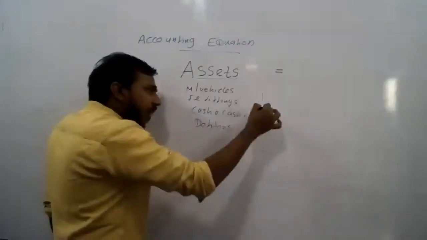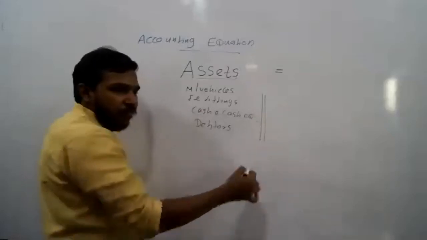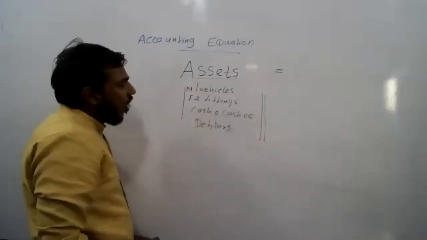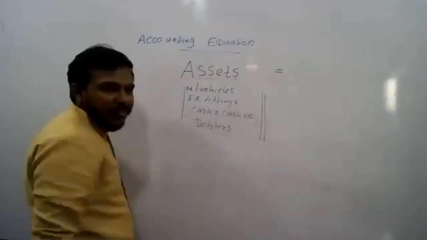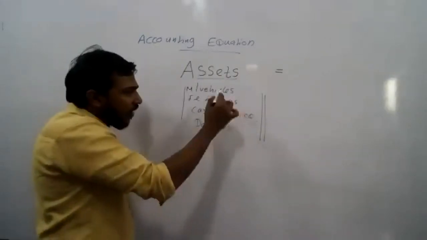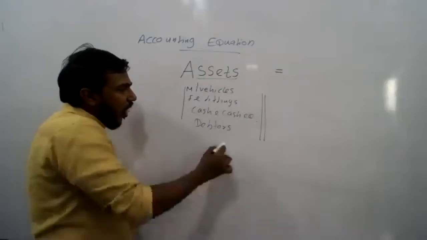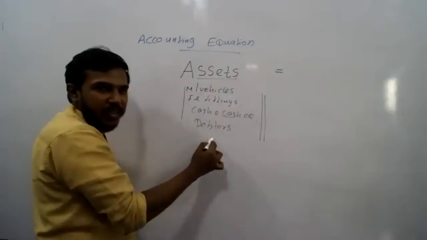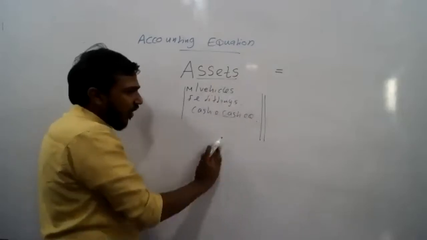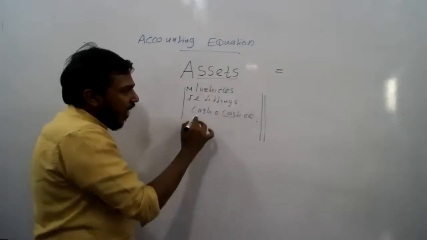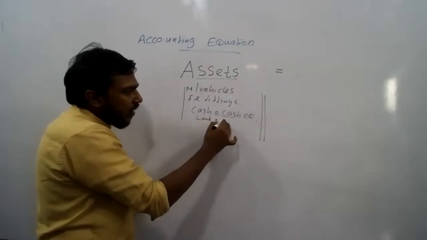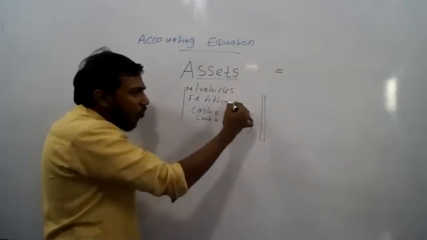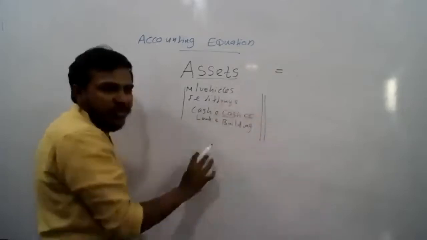Now the basic accounting equation says how you have financed these assets: how you have financed these motor vehicles, this furniture and fittings, the cash and cash equivalent for the business. Just for a moment we'll eliminate the debtors. Then land and building. So the equation says how you have financed these assets for the business.